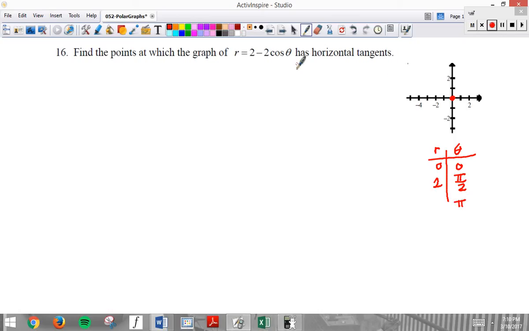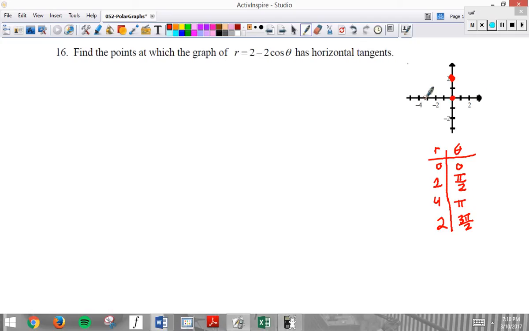Pi. Cosine of pi is negative 1. I'm up to 4. 3 pi over 2, you all know the story. You're back at 2. So, pi over 2 rotation, up 2.